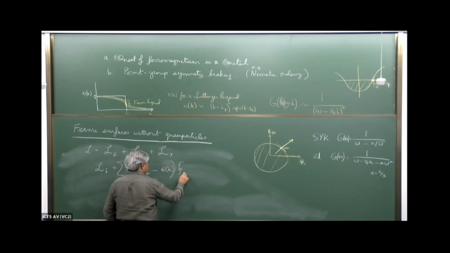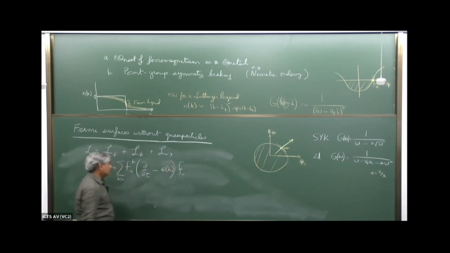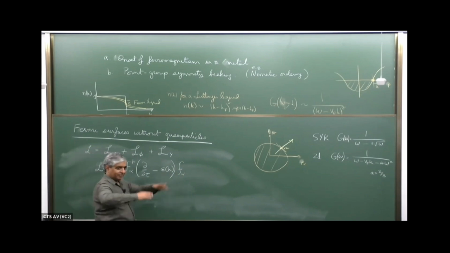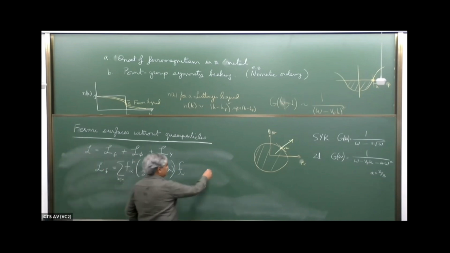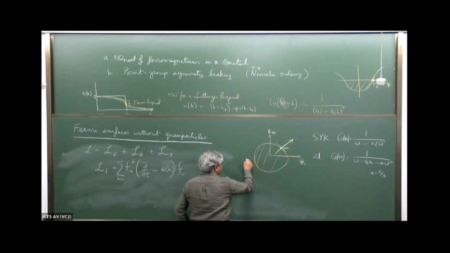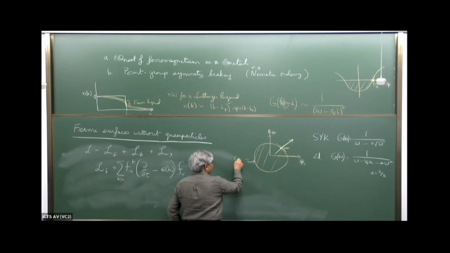So for now, I'm not going to go to any long wavelength theory of the fermions. Just keep all momenta across the Brillouin zone, and E(K) is some arbitrary function of momentum. And of course, this means there's a Fermi surface, and the Fermi surface is just the locus of points where E(K) is 0.